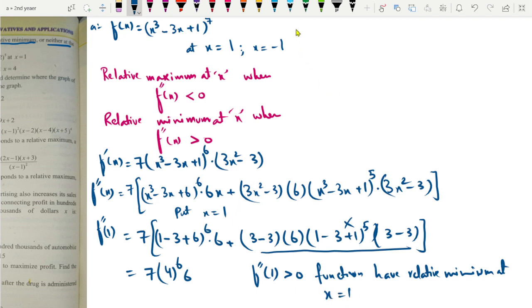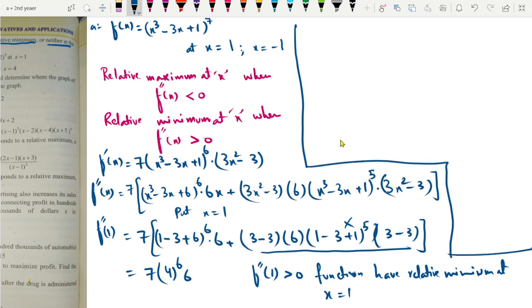Now we will check f double prime of minus 1.